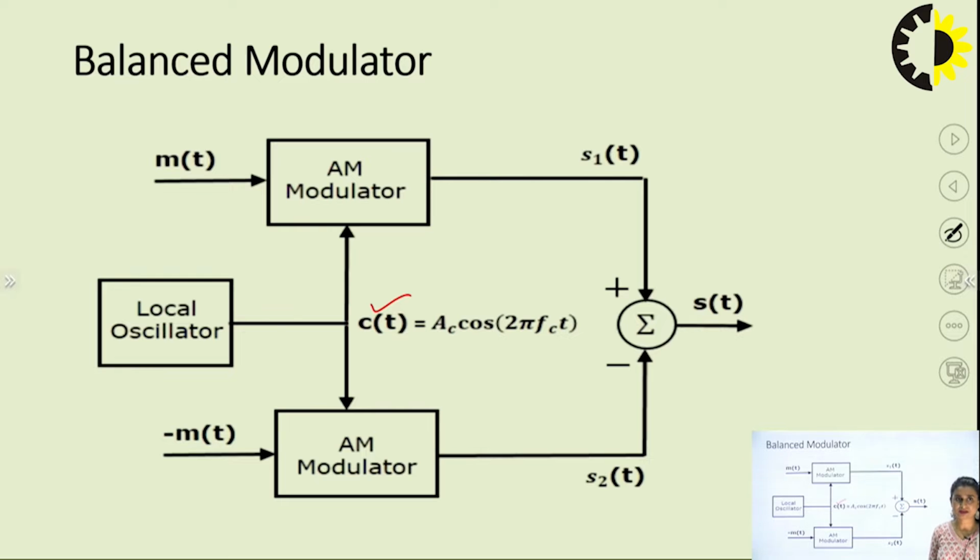So this is taken care of with the help of such kind of geometry, right? This is the summer circuit. The output of the first AM modulator is named s1(t) and the output of the second AM modulator is named s2(t), right? Both are combined here, and what we get is my DSB SC. That is, my resultant waveform is double sideband suppressed carrier.